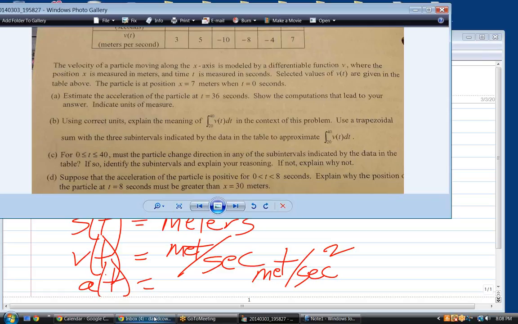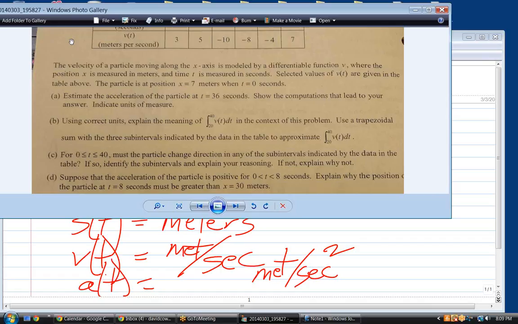You get the original function? Well, you get the total distance traveled by the original function. In other words, this is the velocity of a particle moving along the x-axis. So it's going back and forth on the x-axis.